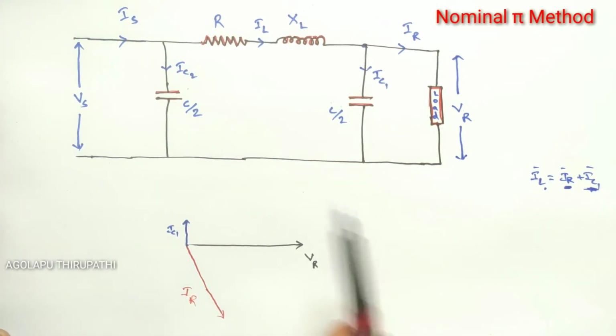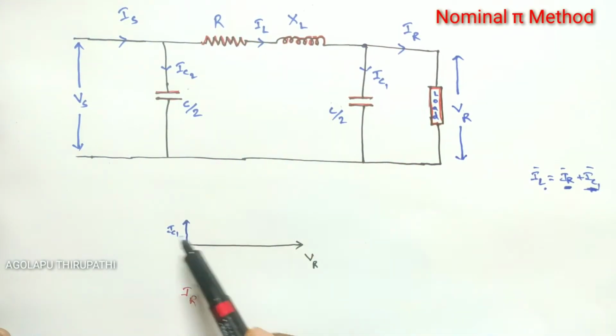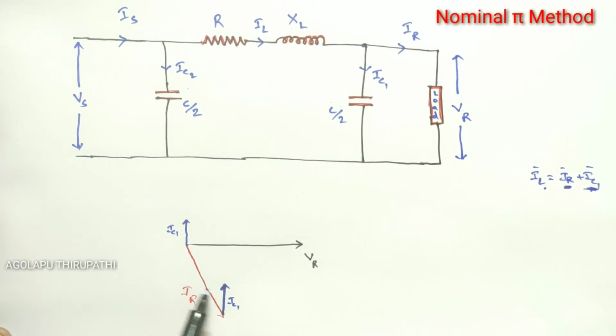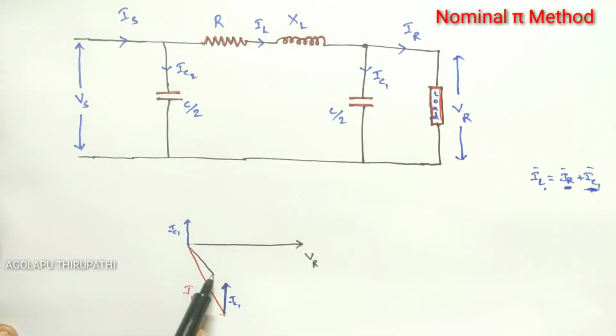To get the line current, we have to add this IC1 to IR. So I am starting from IR and taking the same parallel line. This is the parallel line for IC1. I am just adding this IC1 to IR. Now the resultant of these two vectors, IR and IC1, becomes IL, that is the line current.